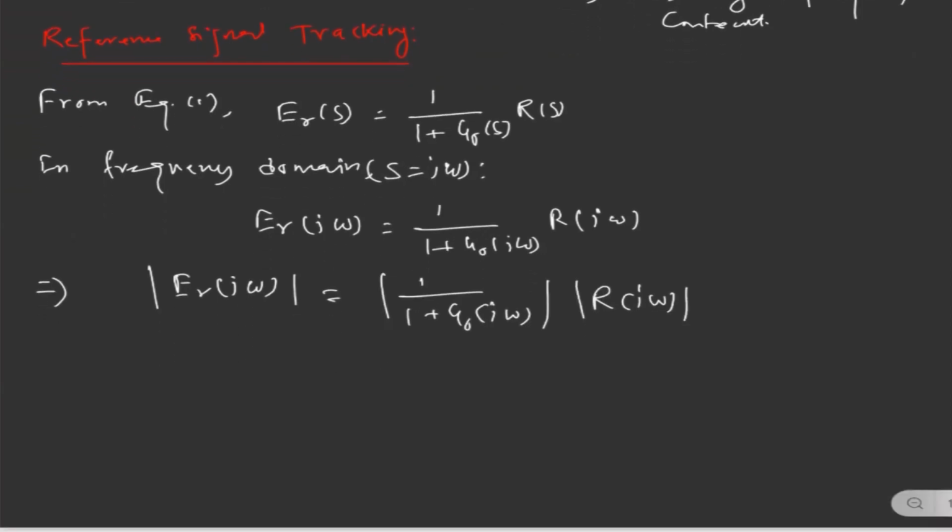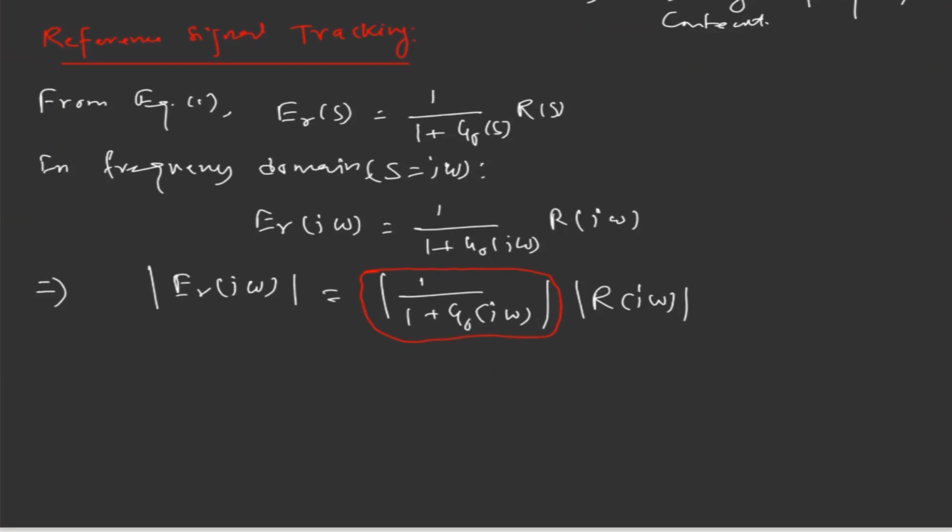If you notice from this equation, if you want to reduce E_R of j omega, this term should be a very low value. Once it is very low, then we can track the reference signal.